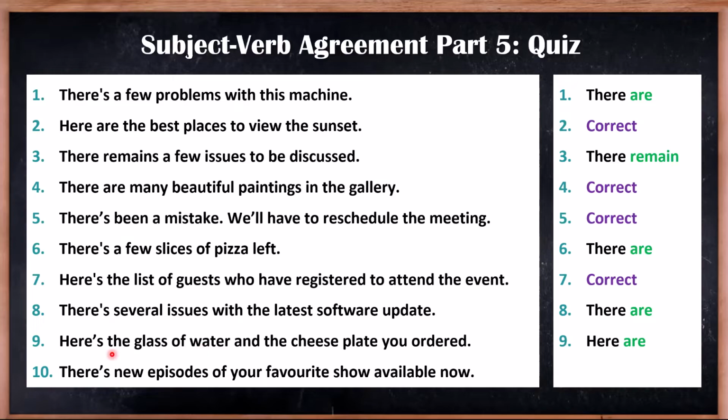However, we have a compound subject connected with and, the glass of water and the cheese plate. So it should be here are the items, the things you ordered. If it was just the glass of water, it would be here's the glass of water you ordered.